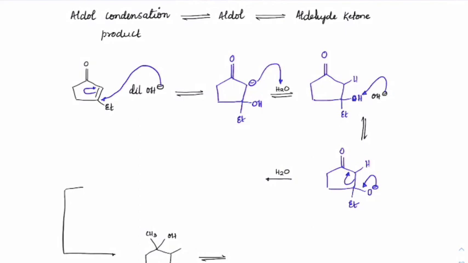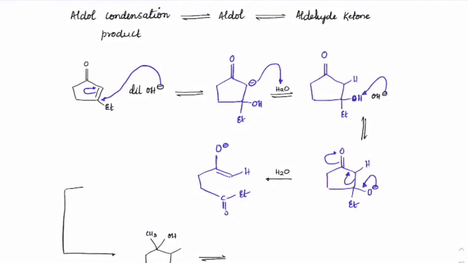As soon as that double bond formation comes there, this pi will shift here, so this bond is broken, and we get the double bond with H here, and I have a double bond O and a C double bond O and Et. This is what we have.